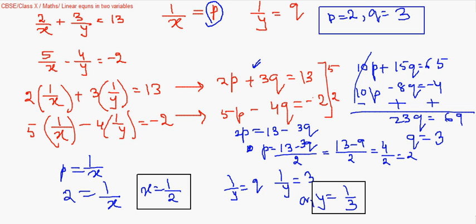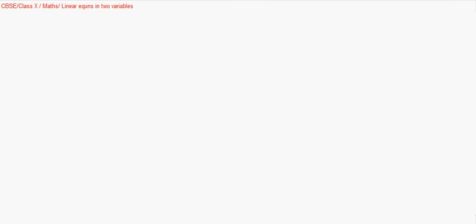We'll be taking up more questions of this kind in the next few sessions. Here I can give you one for your own practice. This is one question which I'll leave to you. It is 5 by x minus 1 plus 1 by y minus 2 equals 2.